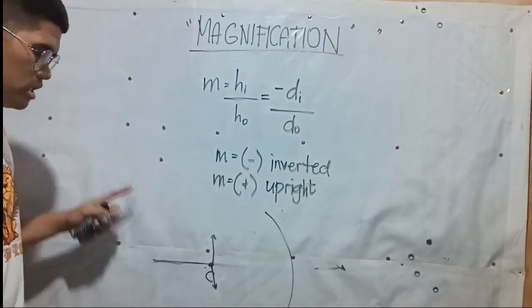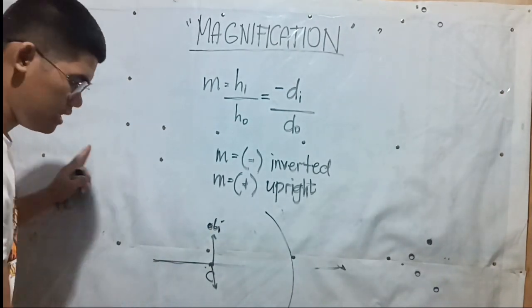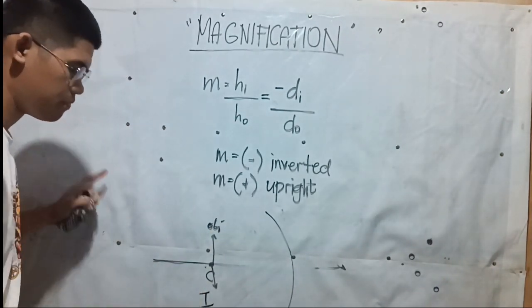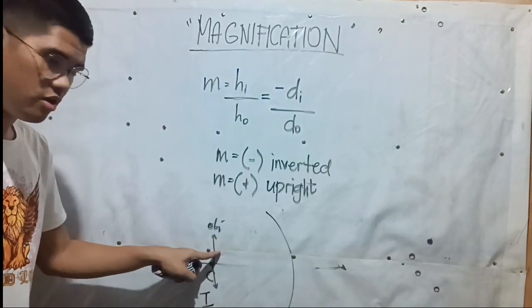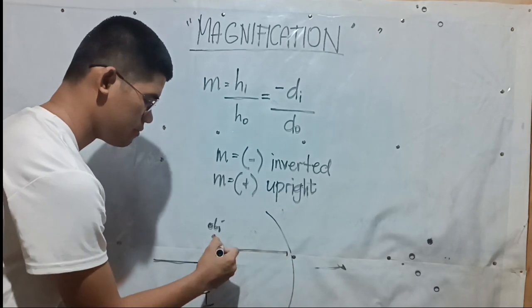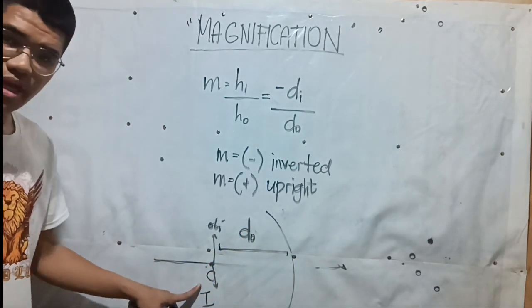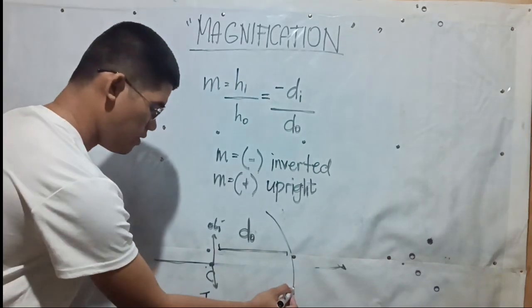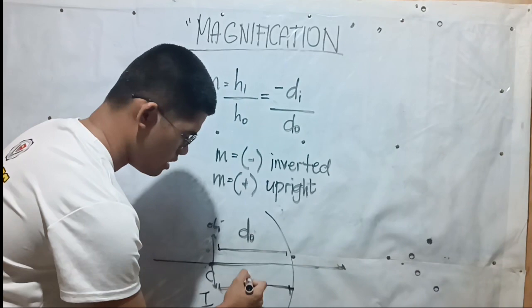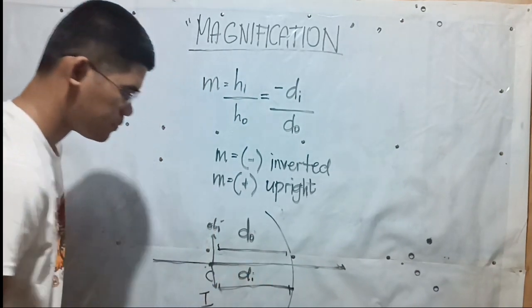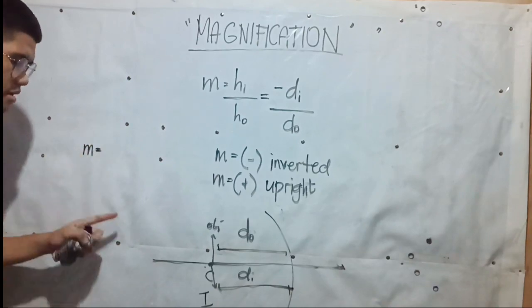This is the object and this is our image. The distance between the mirror and the object is represented by DO. The distance between the mirror and the image is represented as DI. So in our formula, we have M.